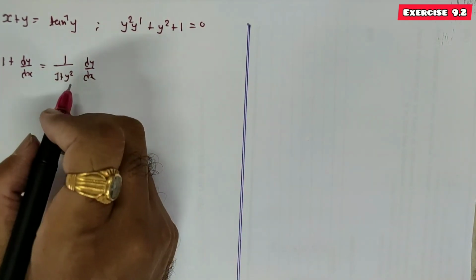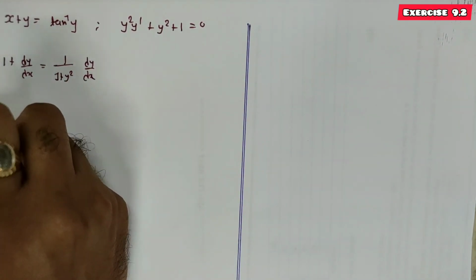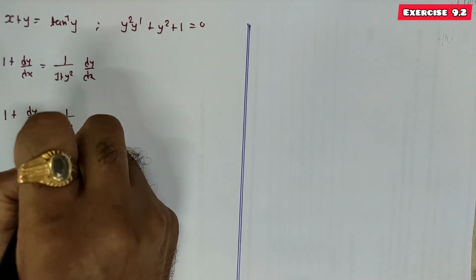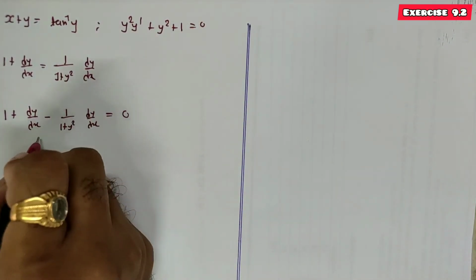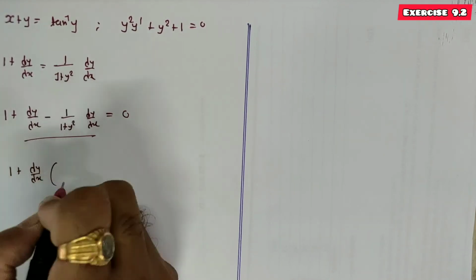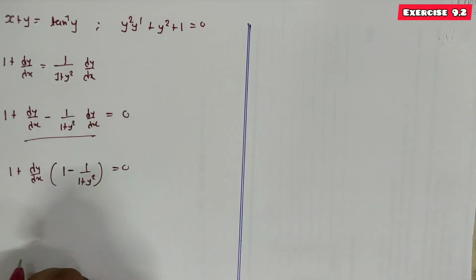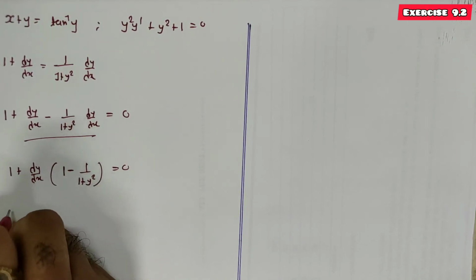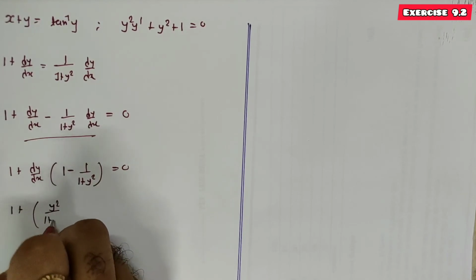So now, taking all these terms on the left hand side, we are getting 1 plus dy by dx minus 1 upon 1 plus y square dy by dx equal to 0. From these two terms we can take dy by dx common. So it's 1 plus dy by dx into 1 minus 1 upon 1 plus y square equal to 0. It's 1 plus y square minus 1, so this will be 1 plus y square upon 1 plus y square.